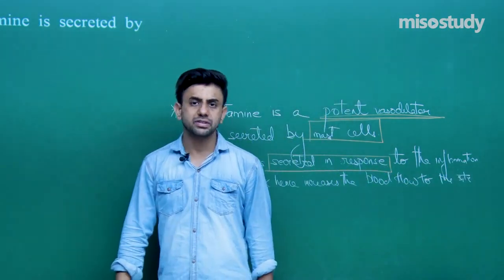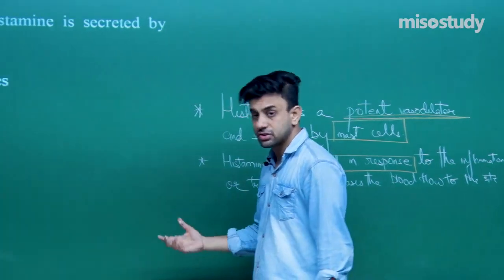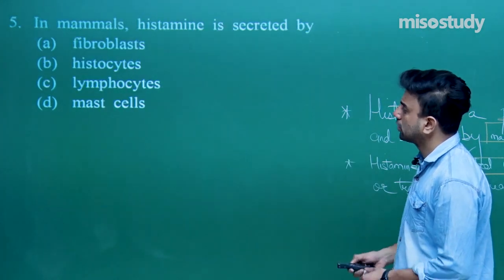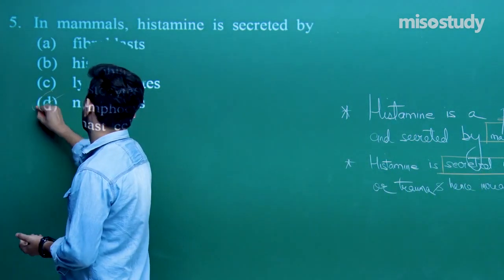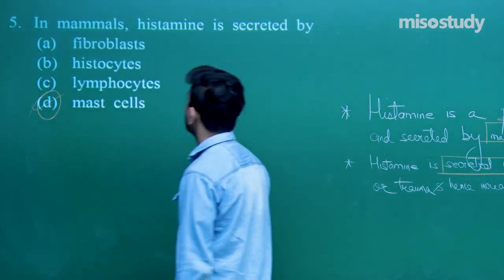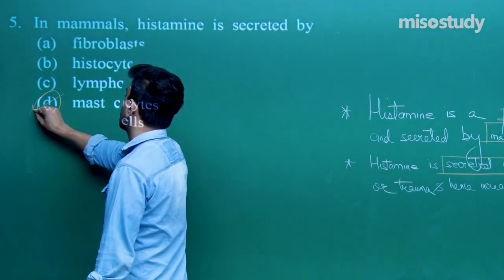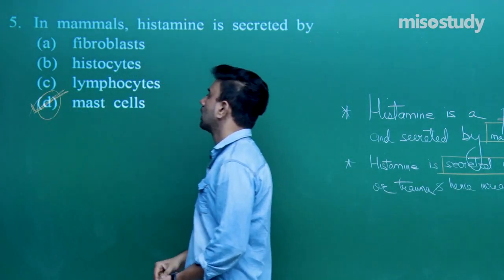It is present in large amounts in the connective tissue, interstitial tissue. So this will be the mast cells. So in mammals, histamine is secreted by the mast cells. Right.